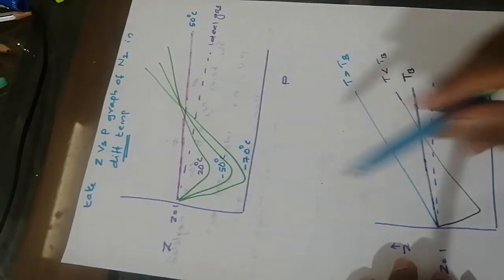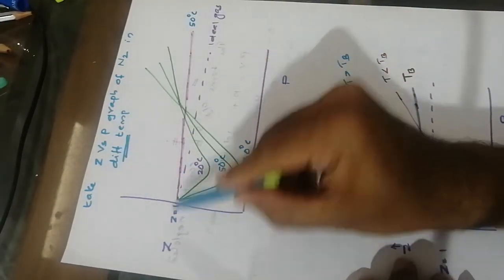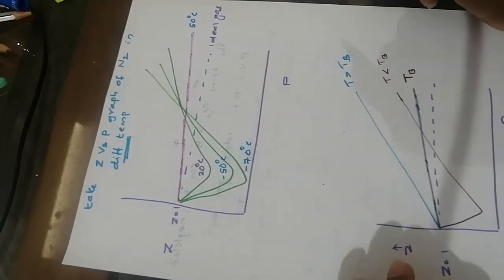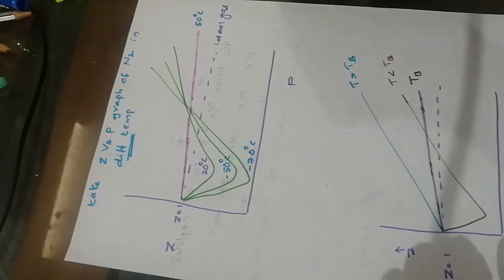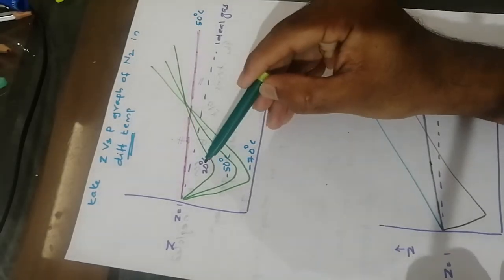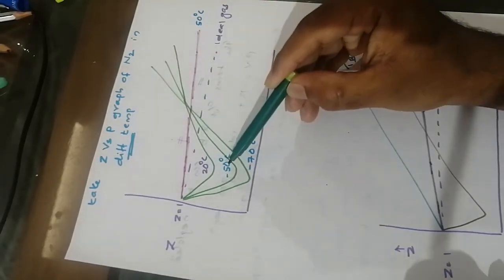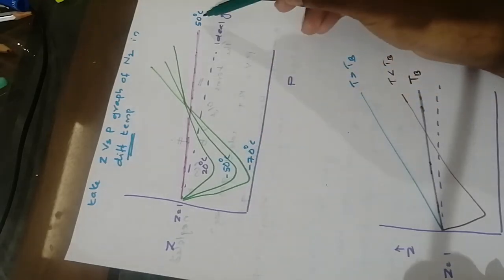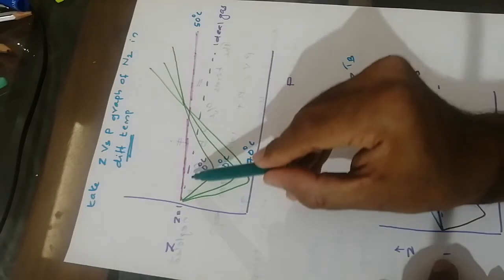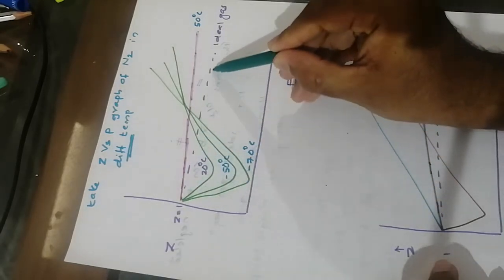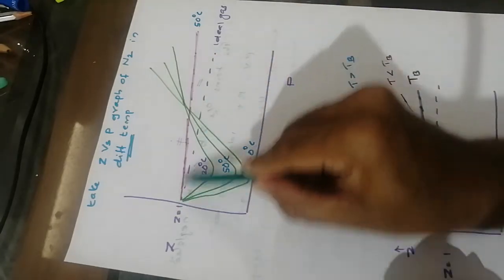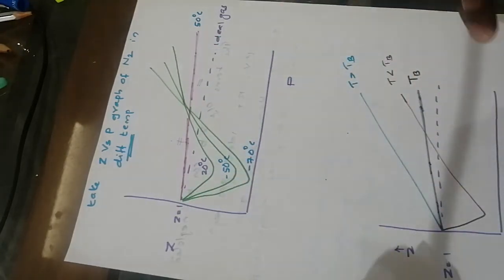This is the graph of Z versus P of nitrogen gas at different temperatures. What are the temperatures? 20 degrees, this is the graph. Minus 50, this is the graph. Minus 70, this is the graph. 50 degrees, this is the graph. And obviously, this is the graph if it behaves ideally. This is the ideal plot of N2.